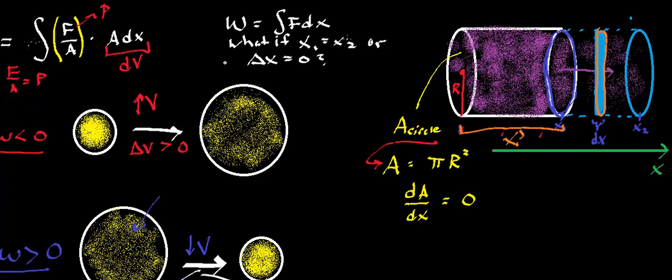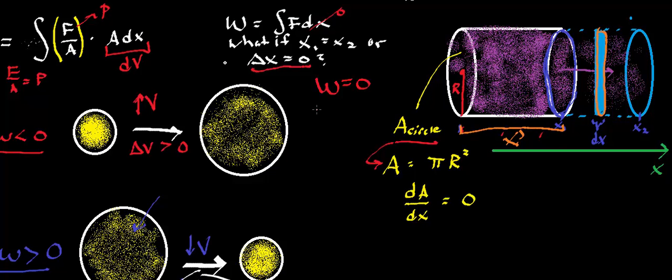It doesn't matter how hard you push on it, it doesn't move. You're applying a force, but are you doing any work? You're not, because in that case dx is 0. Also, delta x is 0 because the wall is not moving. So if dx is 0, then this integral is 0 and the work is 0. And that's in the classical case.